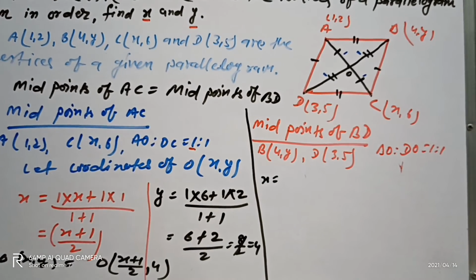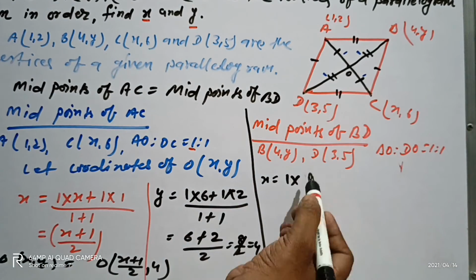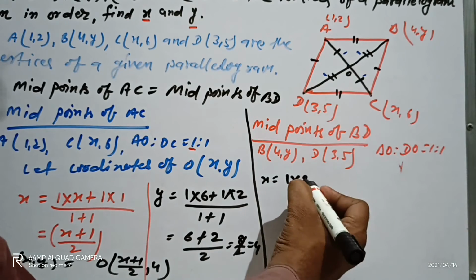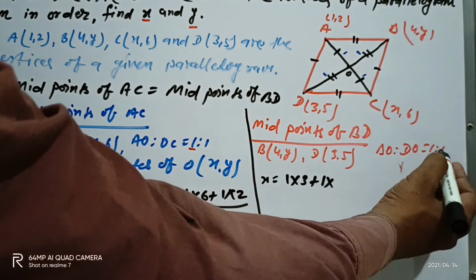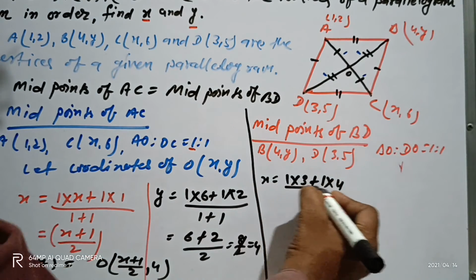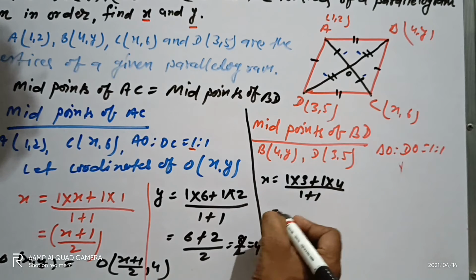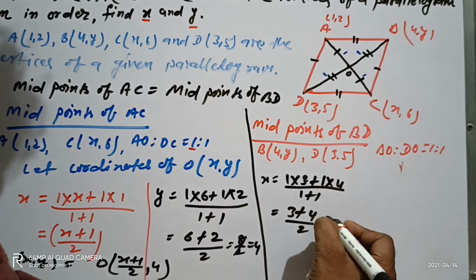Similarly, m1 x2, that is 1 into 3, plus m2, which is also 1, into x1, that is 4, by m1 plus m2. There will be 3 plus 4, that is 7 by 2.